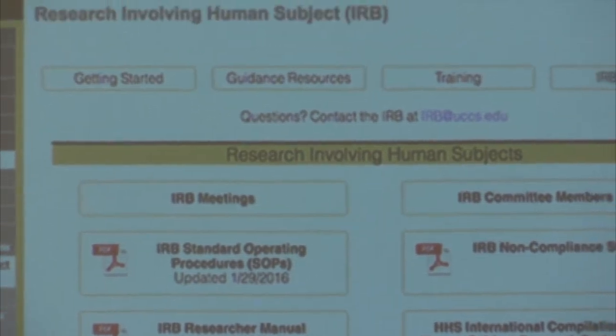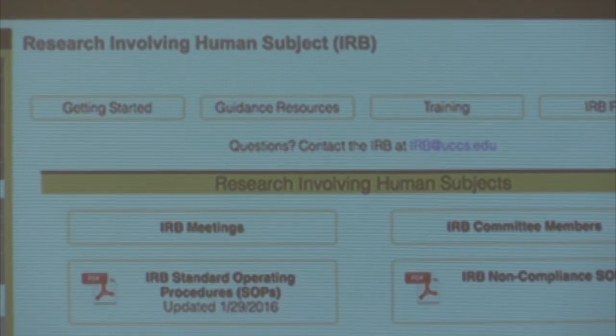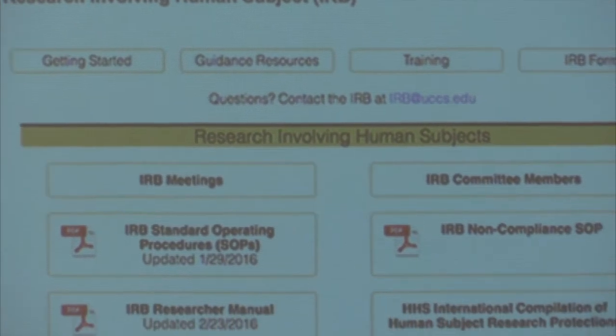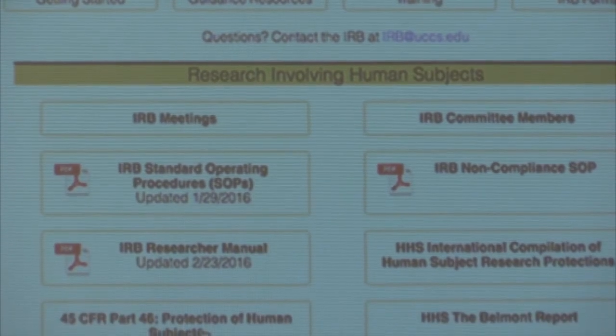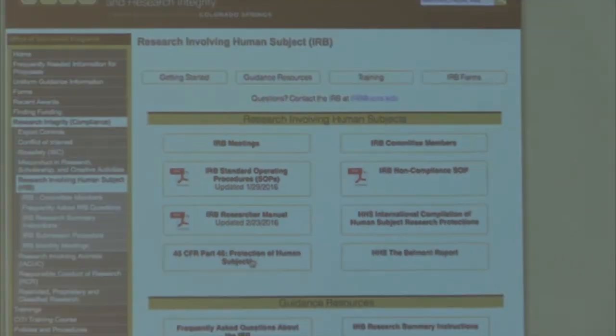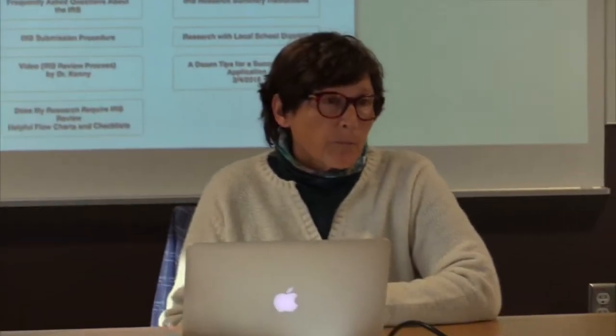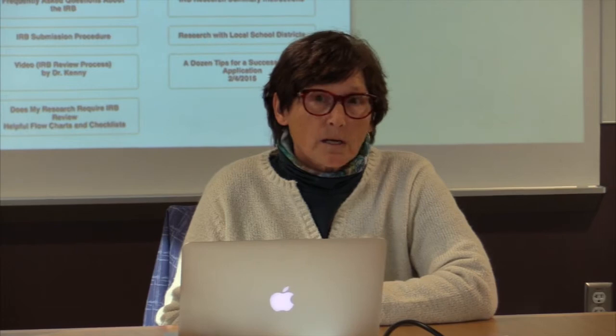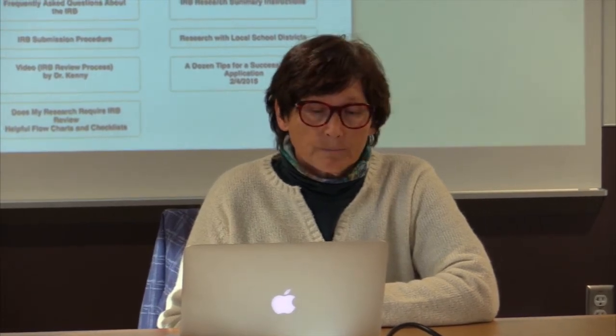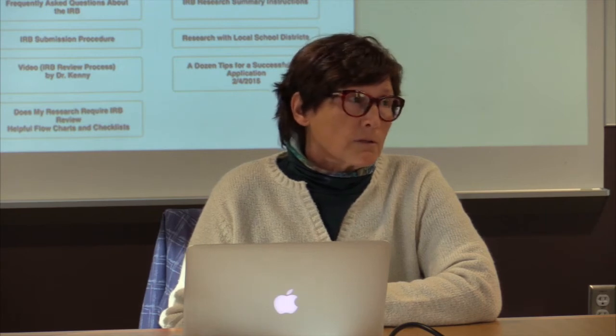You will find out when our IRB meetings are, where they are, all of our SOPs, a manual. You'll find the 45 CFR 46, which is our Bible. That is the federal regulation that governs IRBs and research. And that's where I quoted the definition of research to you from.